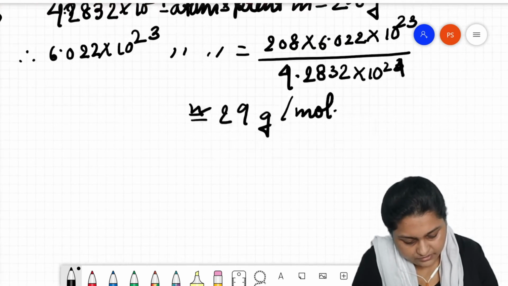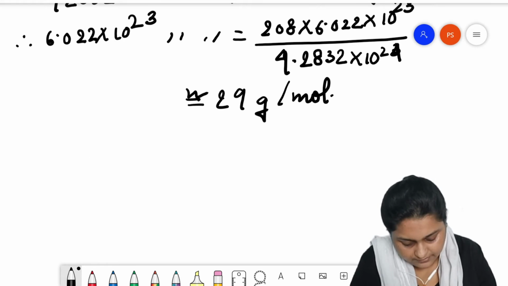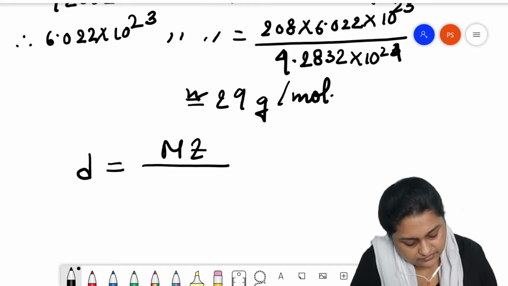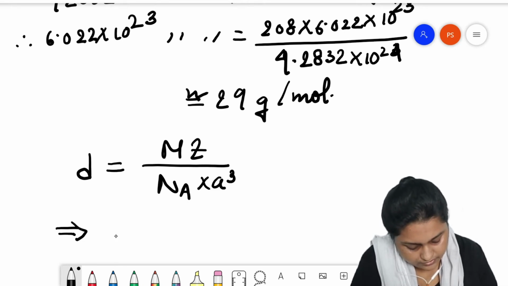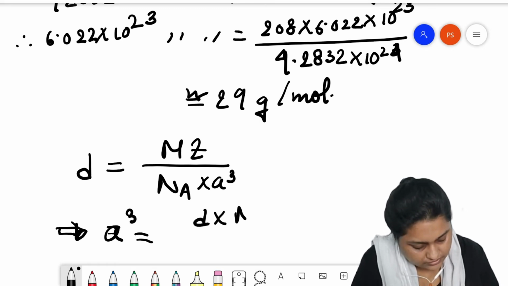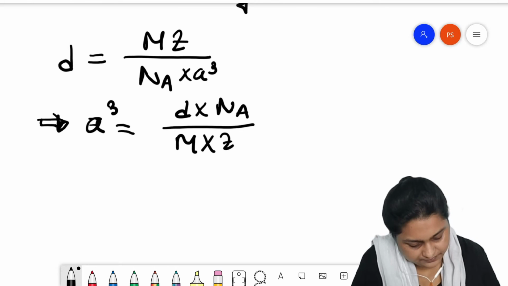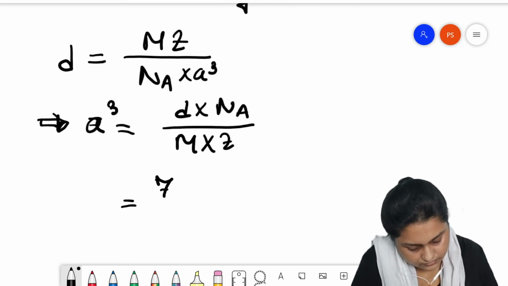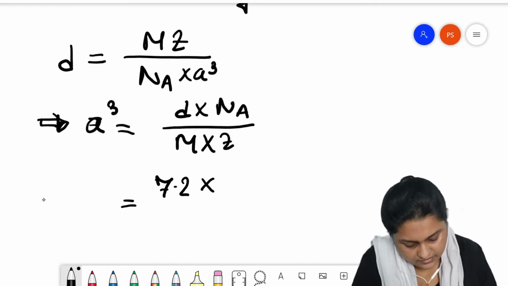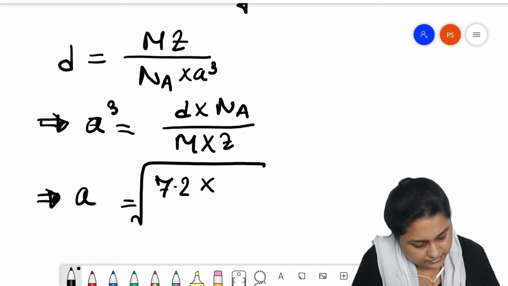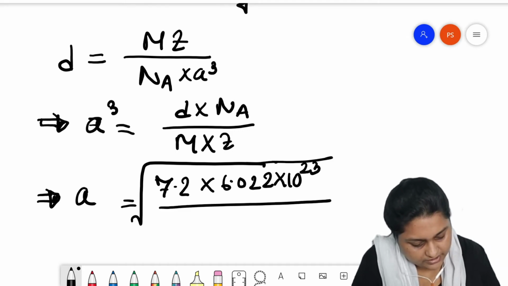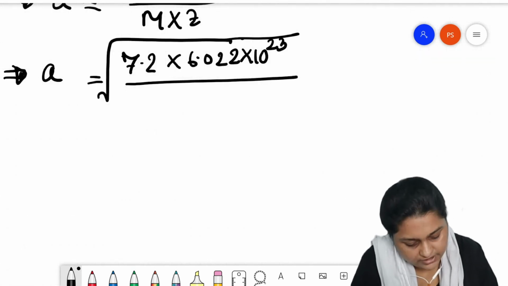Now we can easily find out the value of a by the density equation. d equals M into z divided by Avogadro number N A into a cube, or a cube equals M into z divided by d into N A. Now the density is 7.2, so a equals the cube root of 29 into 4 divided by 7.2 into 6.022 into 10 to the power 23, where the atomic mass we found to be 29.